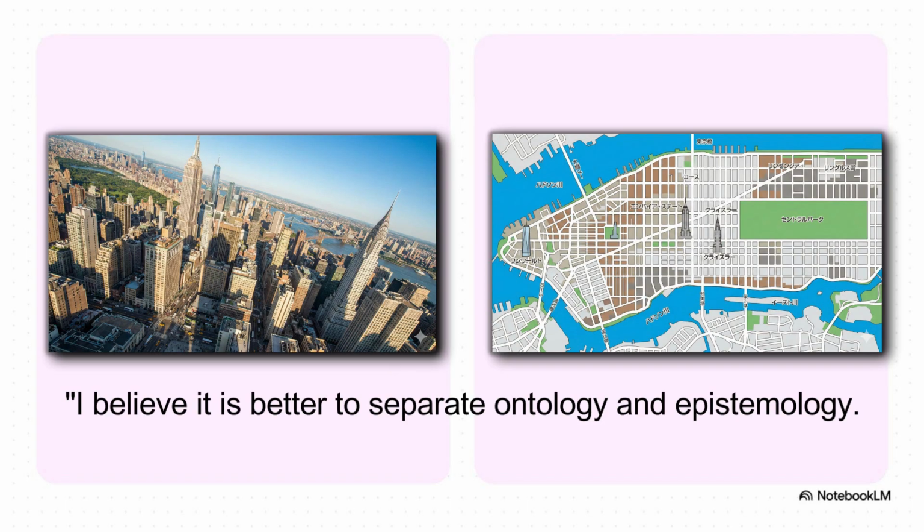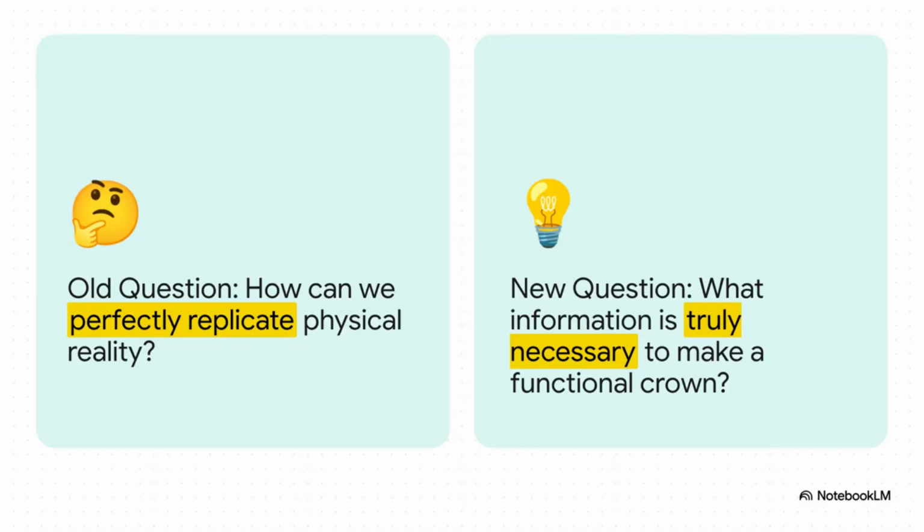And really, the heart of this new way of thinking is captured right here in this one idea. It is better to separate ontology and epistemology. That was the breakthrough. Instead of chasing a perfect copy of reality, the new thinking was, wait a minute, let's just focus on making a better map. And this simple philosophical shift completely changed the question they were asking.